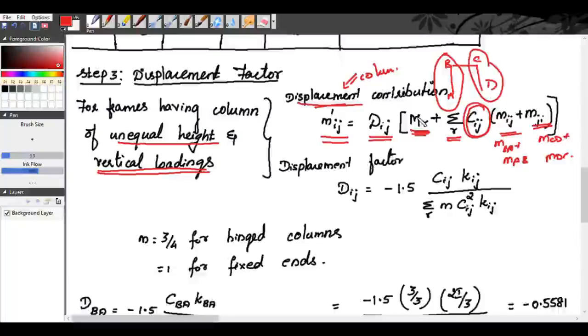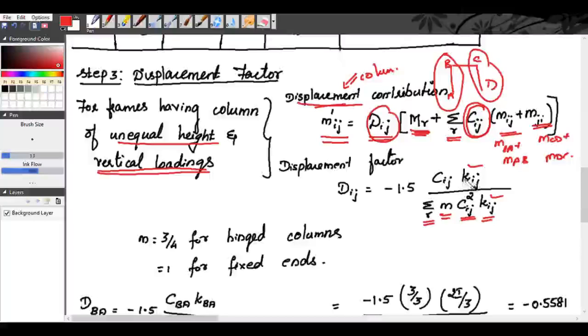Before that, the displacement factor Dij will be equal to minus 1.5 into Cij Kij by sigma R. R means story level. Here we have only one story. So, the first story into M into Cij square into Kij. So, we know what is Kij, right?